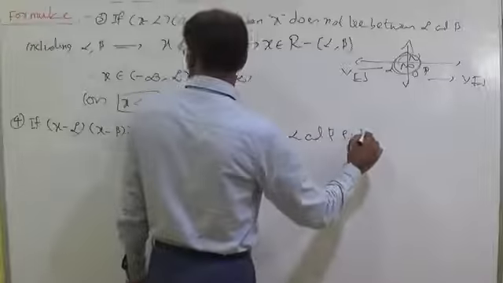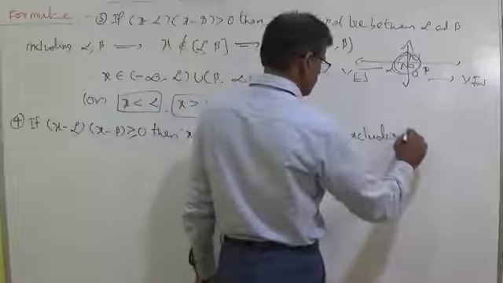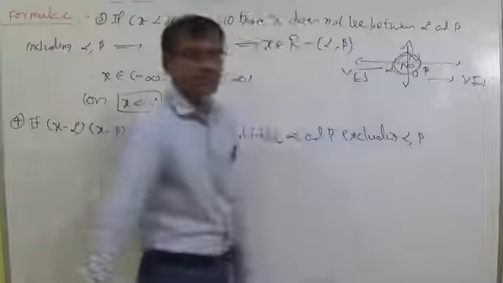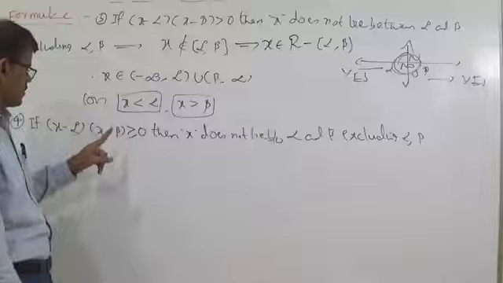Here you should write excluding alpha comma beta. Negation of negation gives the original state.